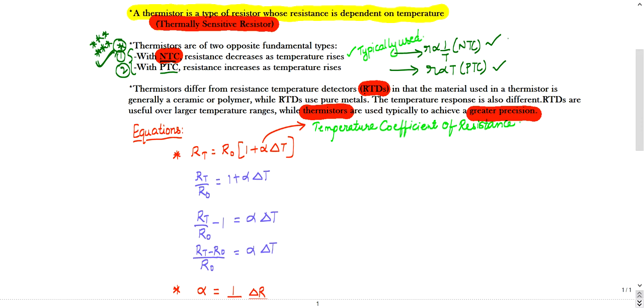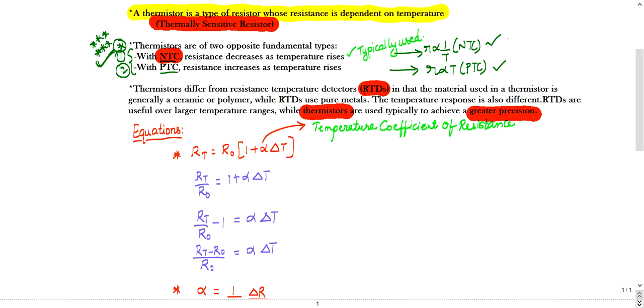Even for a fine change of 0.01 degrees Celsius, the resistance will increase or decrease and be deflected directly. So for the smallest changes in temperature, thermistors are useful. Hence we use thermistors in a high amount, especially NTC thermistors, which have a lot of precision.